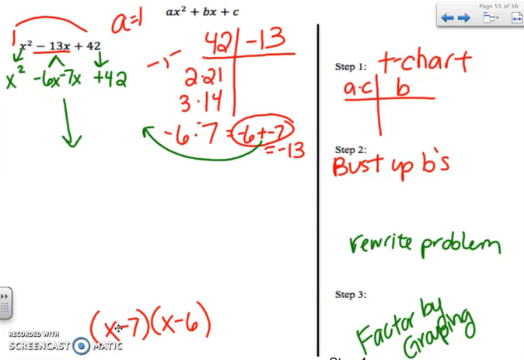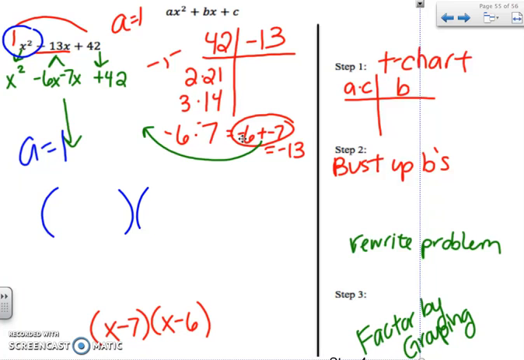When can you use a shortcut? You can use a shortcut when a is a 1. So when there is no number in front of x squared, once you find your 2 factors, all you do is jump straight to the parentheses. You're going to have x and an x, and then you take your 2 factors that worked. So x minus 6, x minus 7.